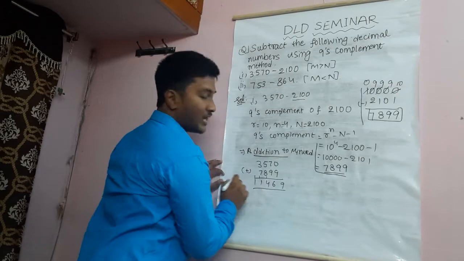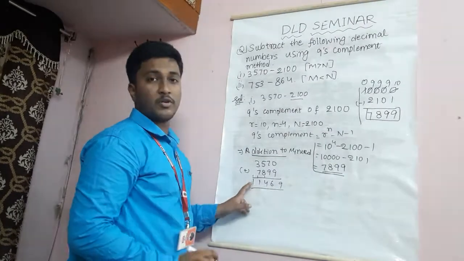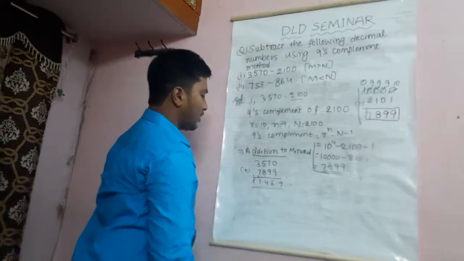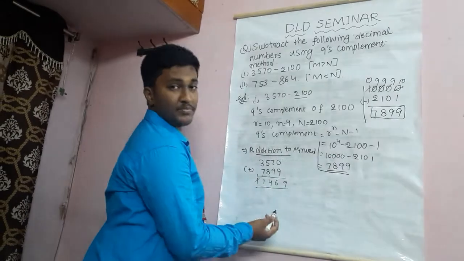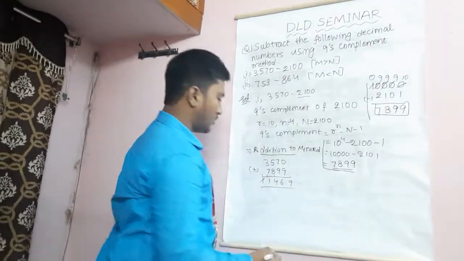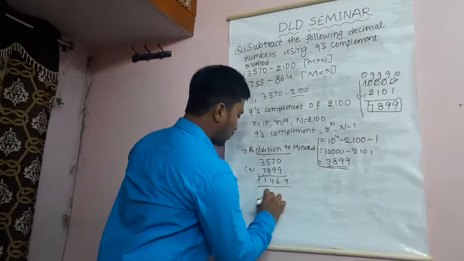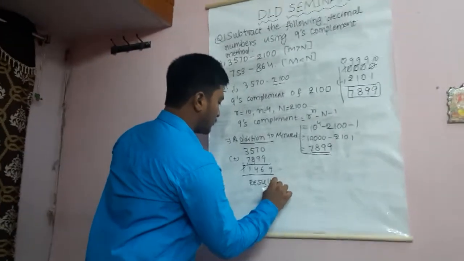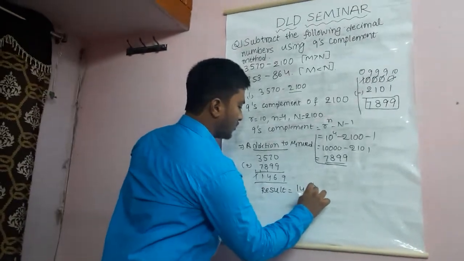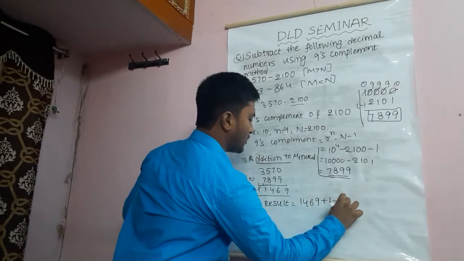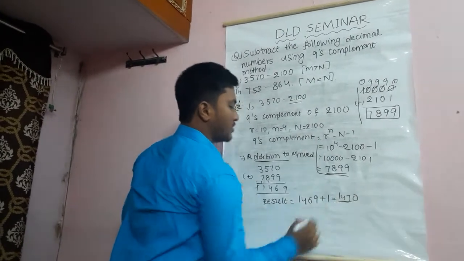So here end carry is produced. So if end carry is produced, we should discard the end carry. To the given sum, we should add plus digit 1. So result equal to 1469 plus 1 equal to 1470. So this is the final result.